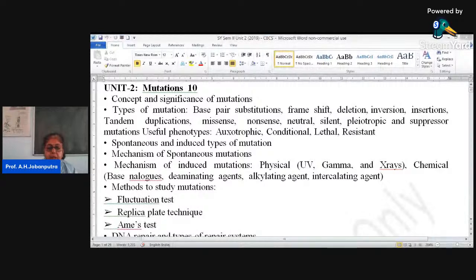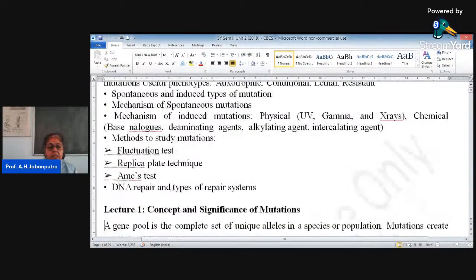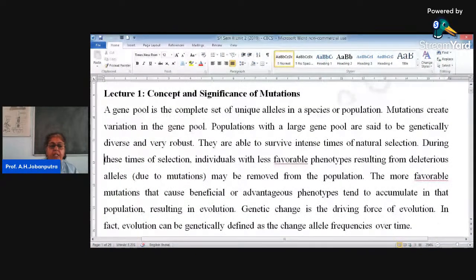So what is mutation? That is the first thing we are going to study. We know that a gene has pairs known as alleles, and there are many genes in a particular DNA. These genes are carrying out some significant role in the life of that living organism.